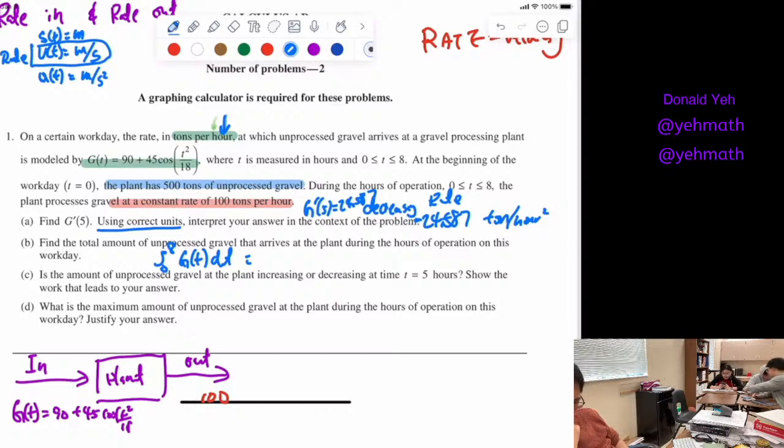You know how to do integrals on it? Give me a second. Yes. Can you guys get it?